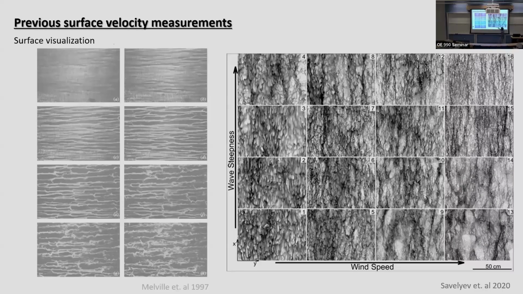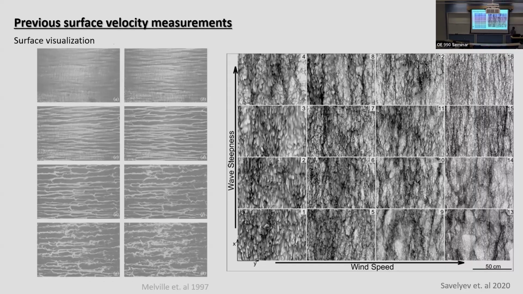So from the lowest wind speed to the highest wind speed, and then also another characterization with wave steepness, showing how the wave steepness affects these passive tracers or surface thermal features. Now, one quick thing to point out is that these features almost act as tracers for the velocity profile at the surface.